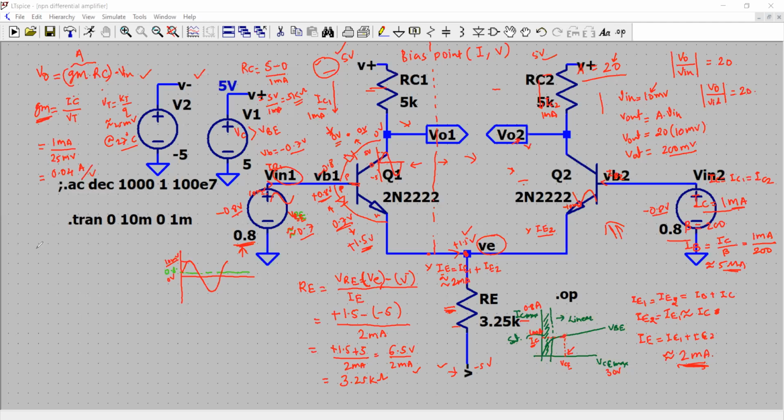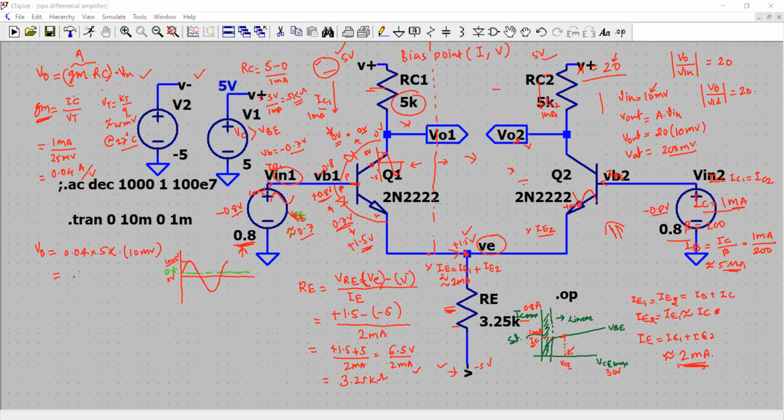Once you have the value of your transconductance, VO would be 0.04 multiplied by the value of RC we have chosen, 5 kilo, that is 5K. And the input voltage is what we apply to it. Let's say 10 millivolts. That's what we want, for example.